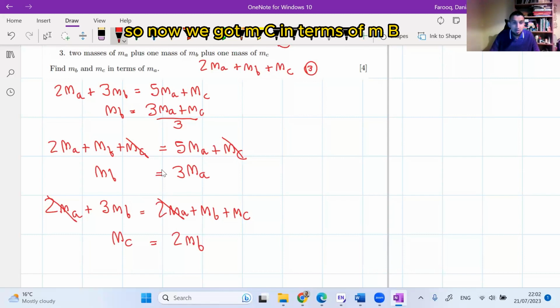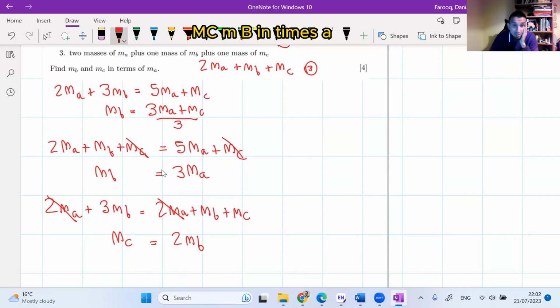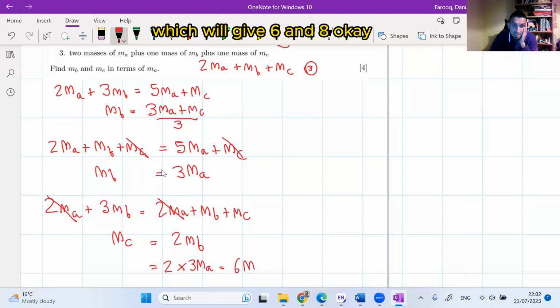Okay, so now we've got Mc in terms of Mb, but not in terms of Ma. We know that Mb here is 3Ma, so we can substitute that in. So that will be 2 times 3Ma, which will give 6Ma.